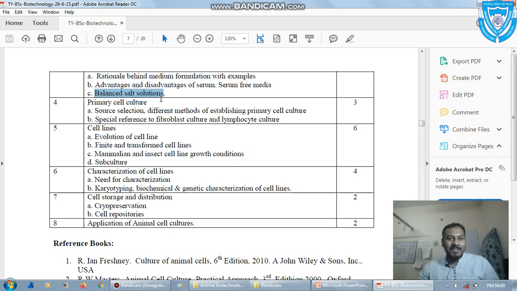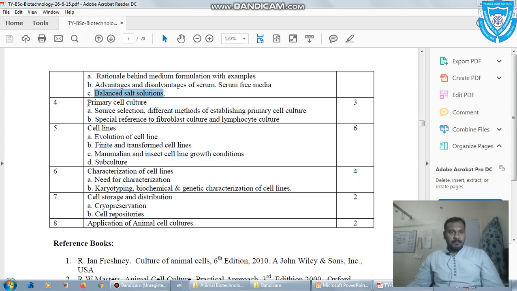If the temperature changes by even 2 degrees Celsius, the cells immediately die, or they produce some acidic substances, which leads to a change in pH, and ultimately the cells are disturbed, the cell membrane is disturbed and everything. So pH, temperature, and the concentration of salts all come under the balanced salt solution.